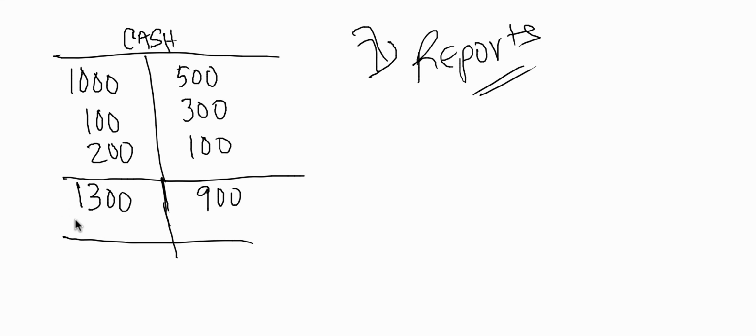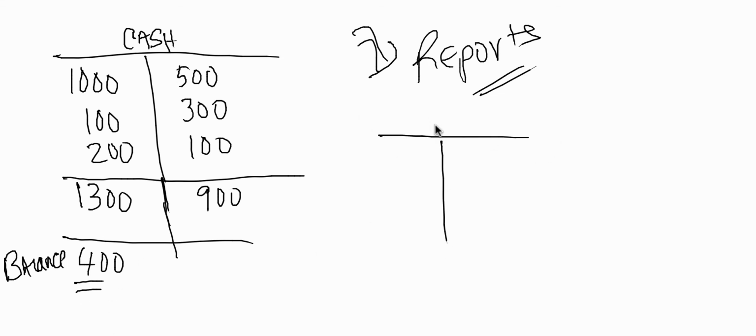We've got $1,300 worth of debits, $900 worth of credits. We've got more debits than credits by 400. So that is the balance in this account. Let's do another one.